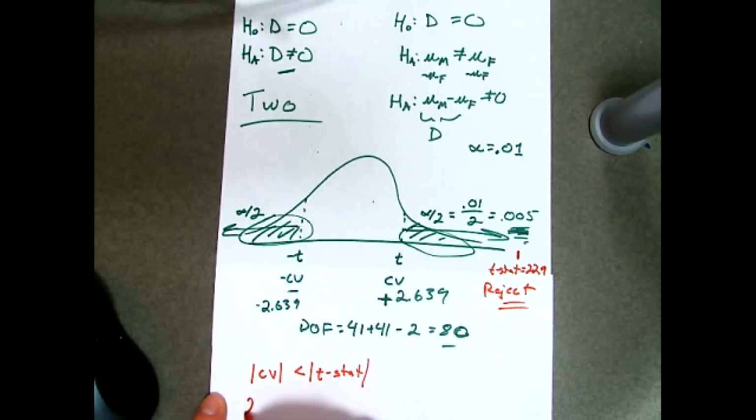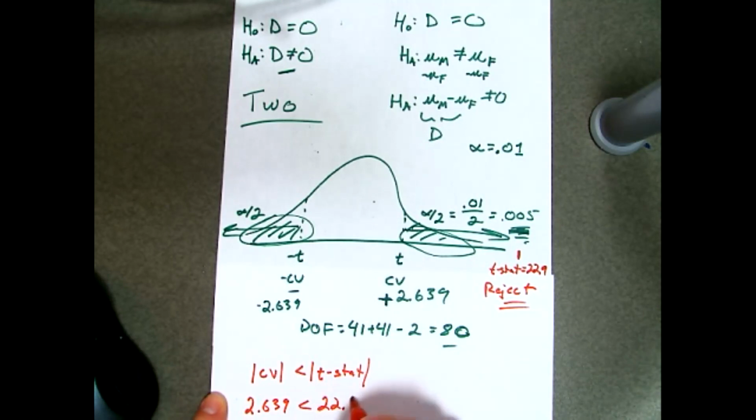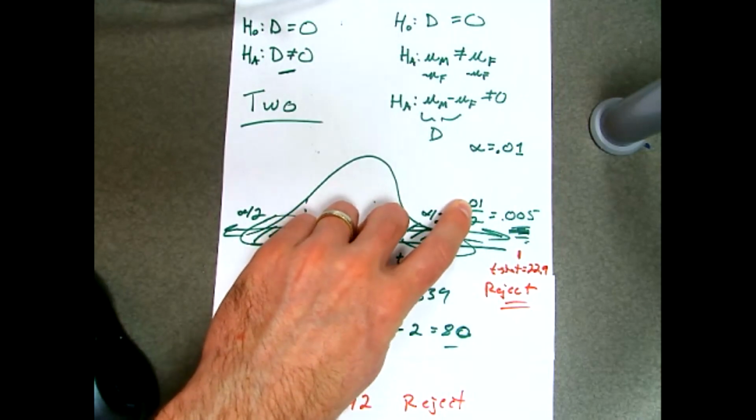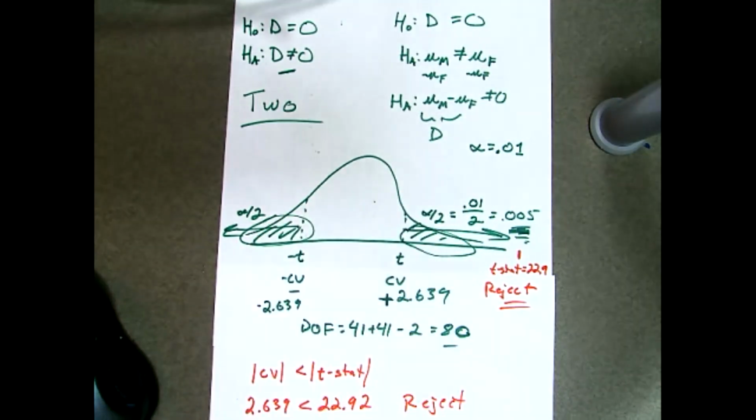So here, 2.639, is that less than 22.92? It sure is. So I can pretty easily reject here at the 99% confidence level, right? Alpha we started out with originally was 0.01. Okay. Any questions there? We keep moving.